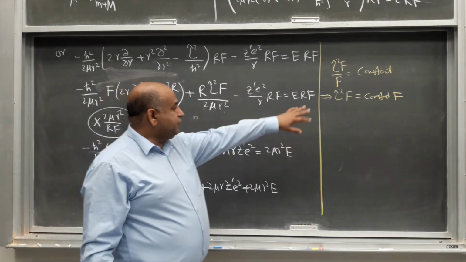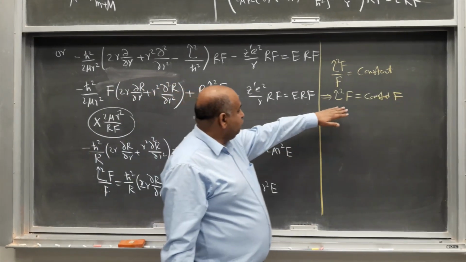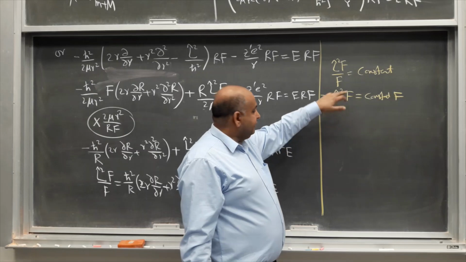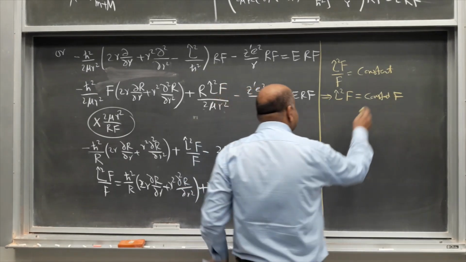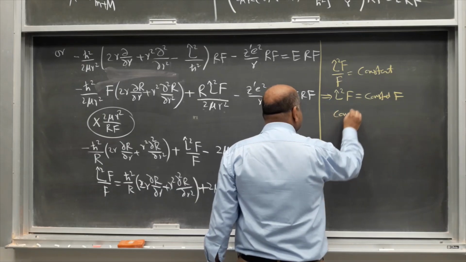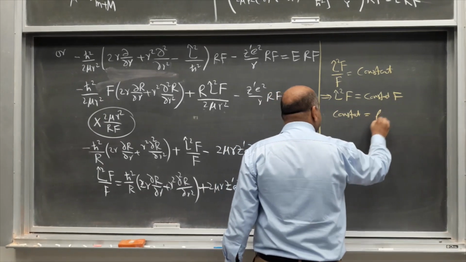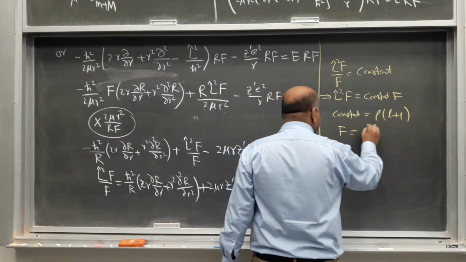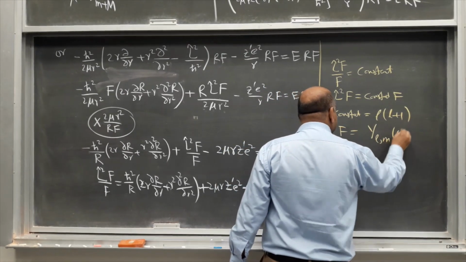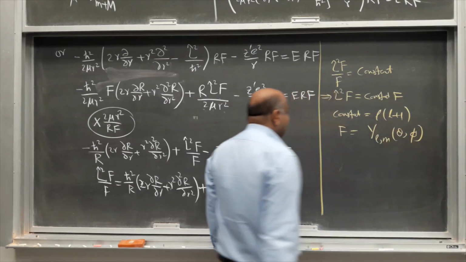However, we immediately recognize that this is an eigenvalue equation for L square, and we have already the solution of this equation. We know that the constant is nothing but L into L plus 1, and this f is nothing but the spherical harmonic that we have already found.